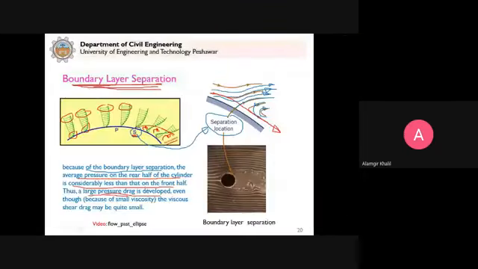The drag force will increase on the body. Now this is the concept of boundary layer separation, that is, what boundary layer separation is. Next we will study the mechanics behind this boundary layer separation, and then we will study how we can avoid or minimize it in order to reduce the drag force on the body.